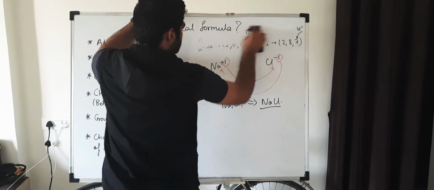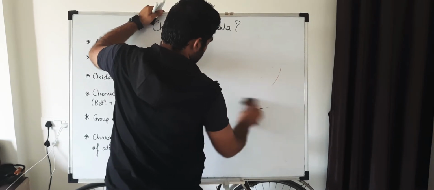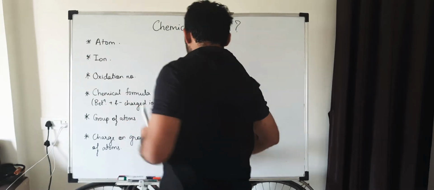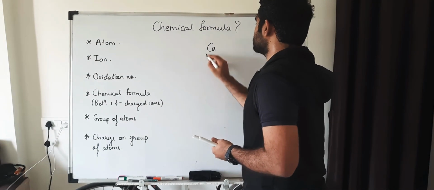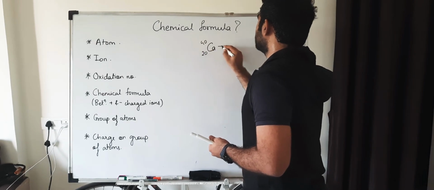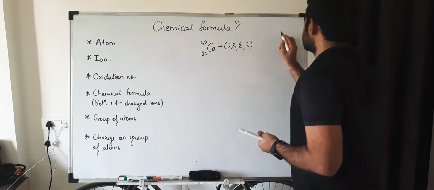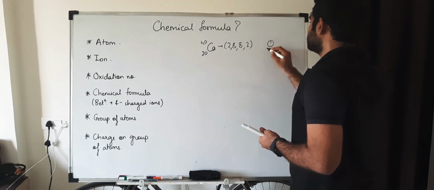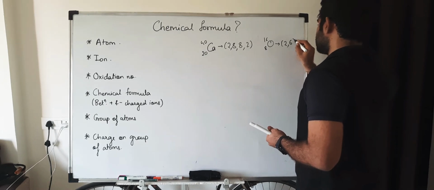Then let's go to the next one. Maybe I can write calcium oxide. So calcium is 20 and 40, 2, 8, 8, 2. And oxygen again 8 and 16, so it is 2, 6.